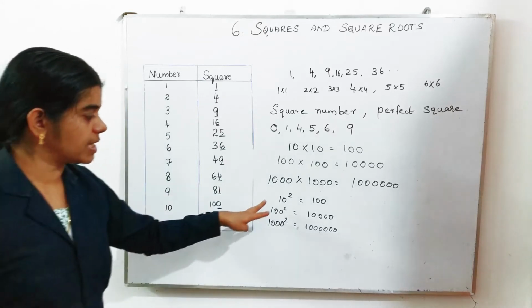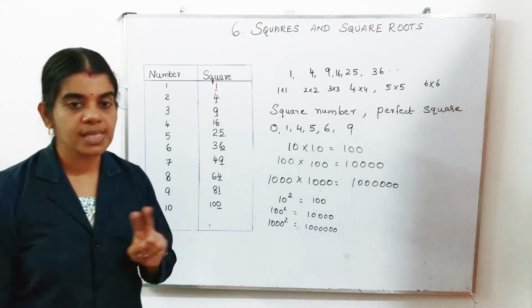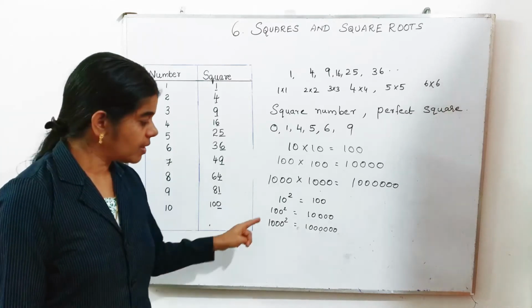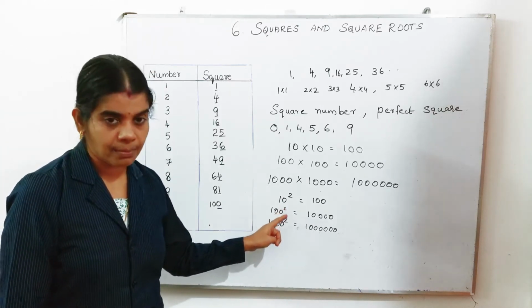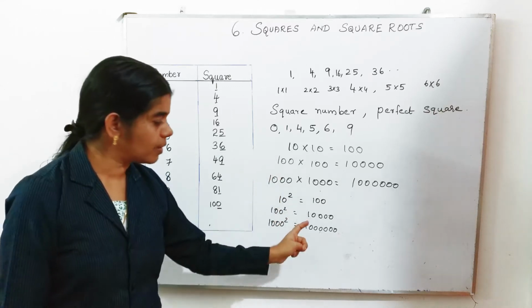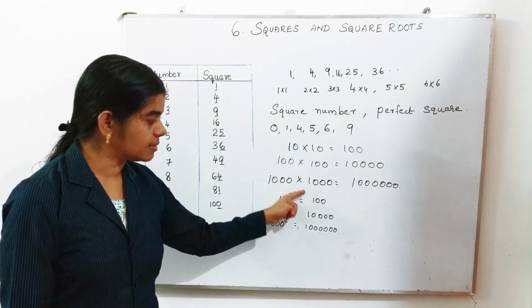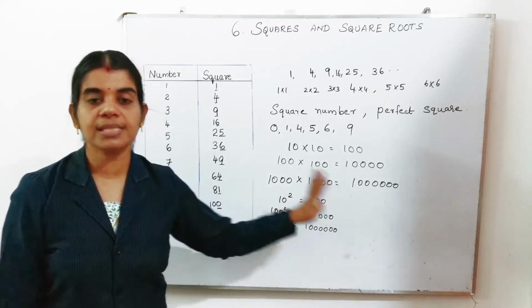Then what is the speciality? You know that if 1 zero is there in the number, its square will have 2 zeros. If 2 zeros are in the number, its square will have 4 zeros, double of that. In this, 3 zeros are there, then its square will have 6 zeros.